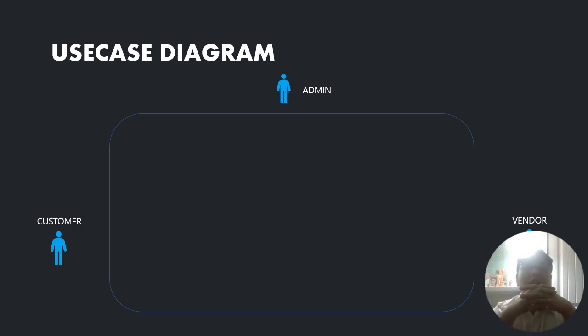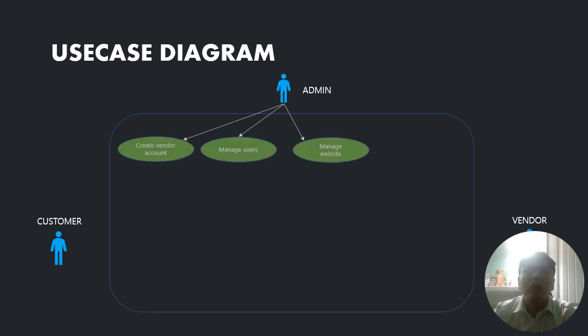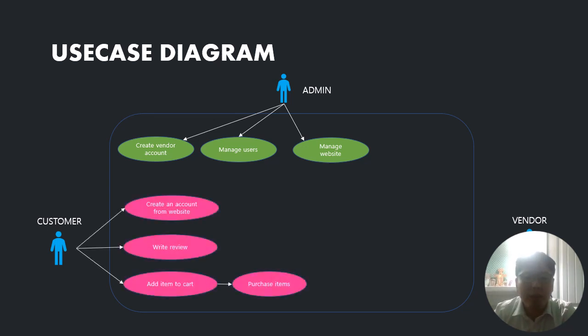For this e-commerce website, there are three major users: admin, customer, and vendor accounts. As an admin account, they can create a vendor account, manage users, and manage the website. As a customer account, they can create an account from the website, write reviews, add items to the cart, and purchase items.